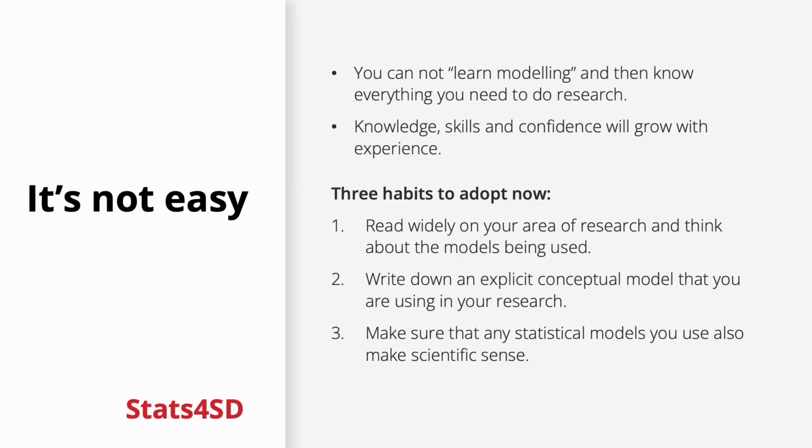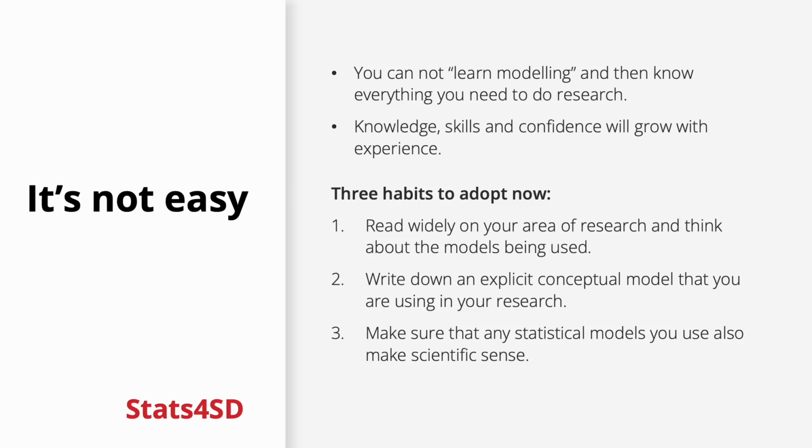The first is to read widely about your research area and think carefully about the models being used in the research that you read about. Sometimes authors will be explicit about the models, and at other times you'll have to figure out what the implicit or hidden models they're using are. Secondly, write down an explicit conceptual model for your research.